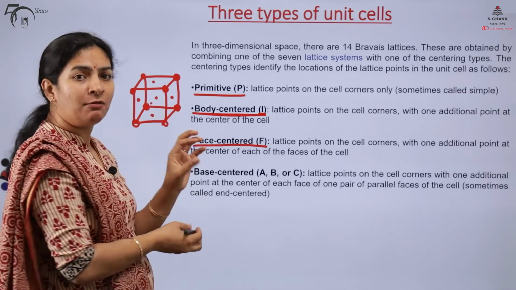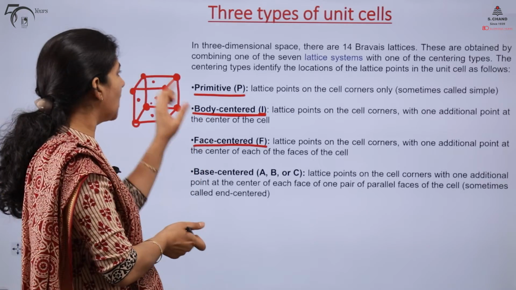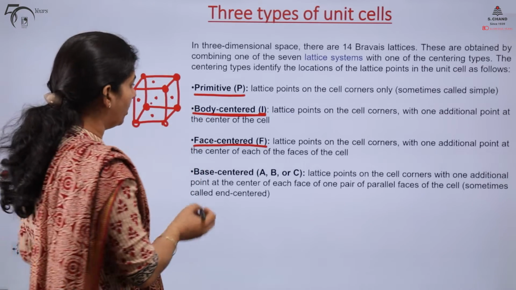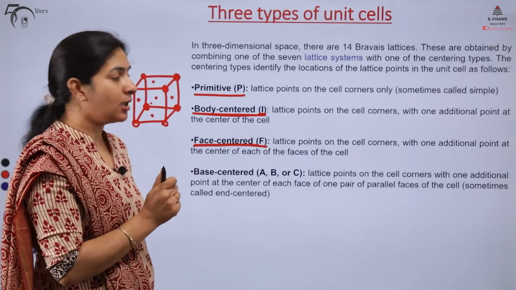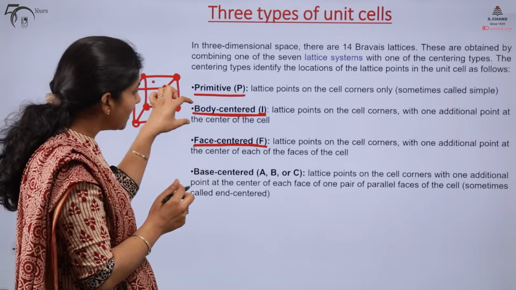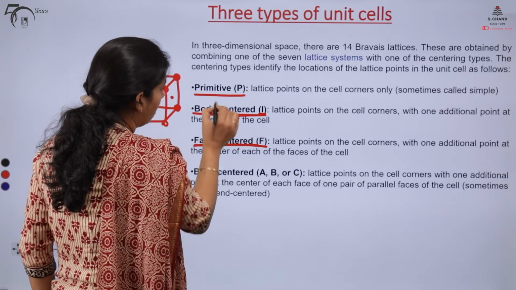So we have 6 atoms, one on each face, other than one on each corner. This is called face centered cubic arrangement. This is BCC in short, and this is FCC in short.